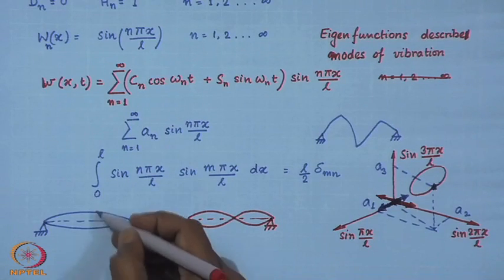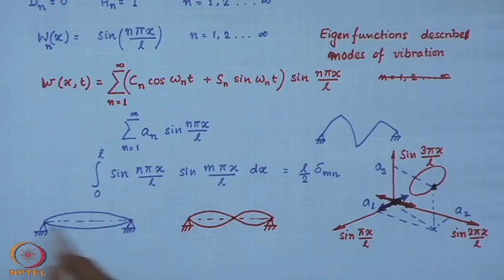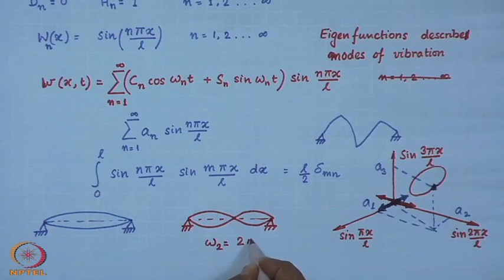So, essentially the string is vibrating between these two extreme configurations, and the corresponding circular natural frequencies are given by these values, omega 1 as pi c over L and omega 2 as 2 pi c over L.